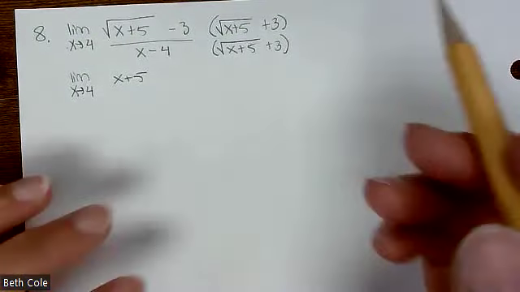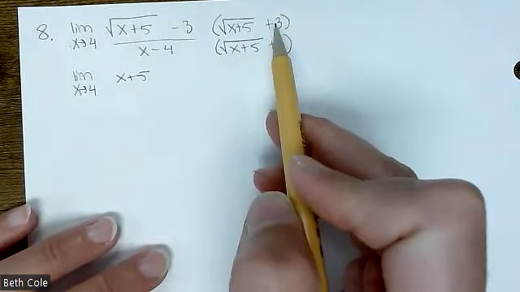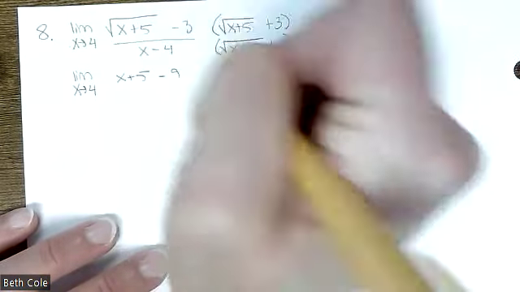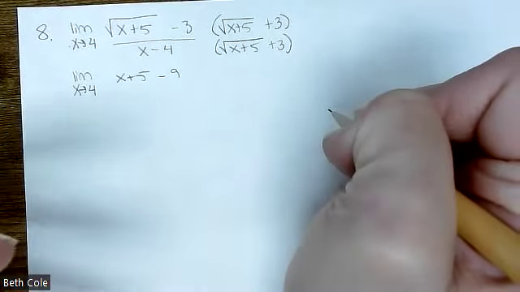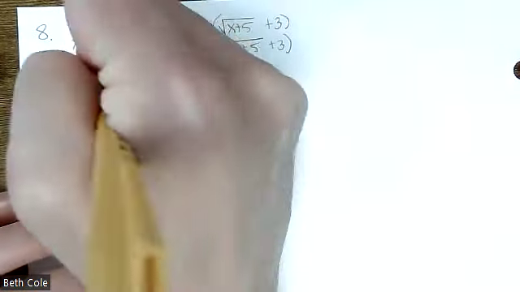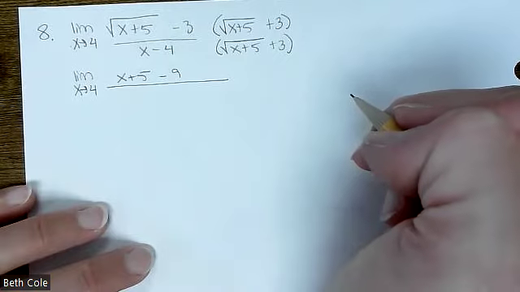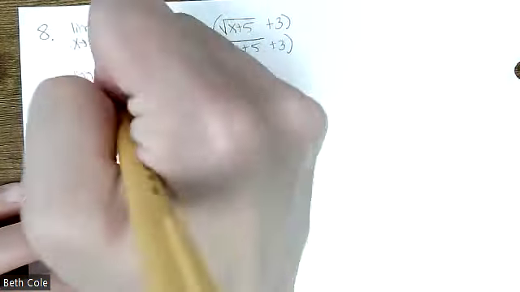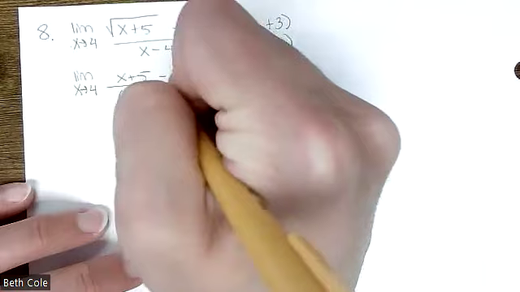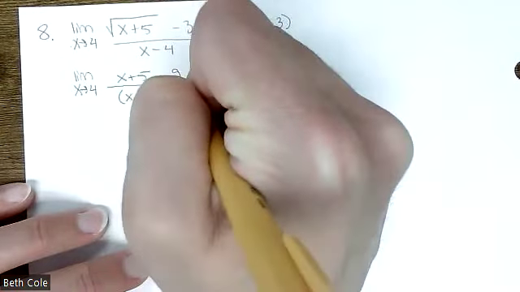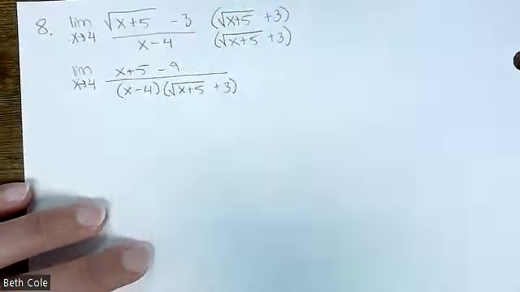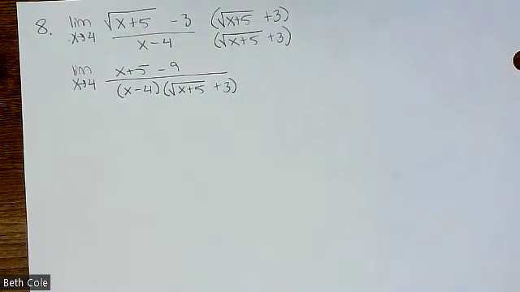They go away. And then your last, negative 3 times positive 3 is negative 9. So see how a lot of it went away? That was the whole point. Now, in the denominator, you want to do nothing. What are we going to do? Nothing. All right. You're going to keep all this exactly as it is. If you want to put parentheses around that x plus 4, you can, but basically just recopy it. Just don't do anything.